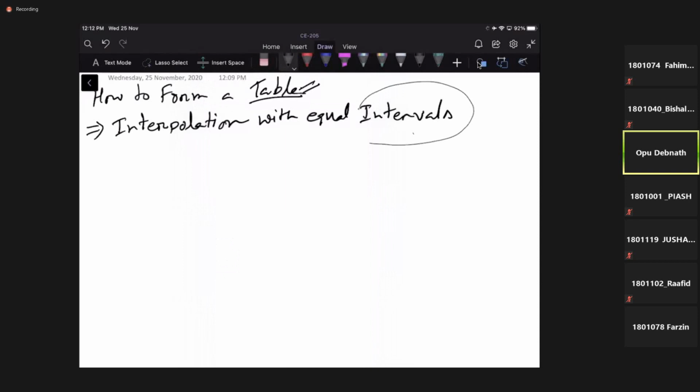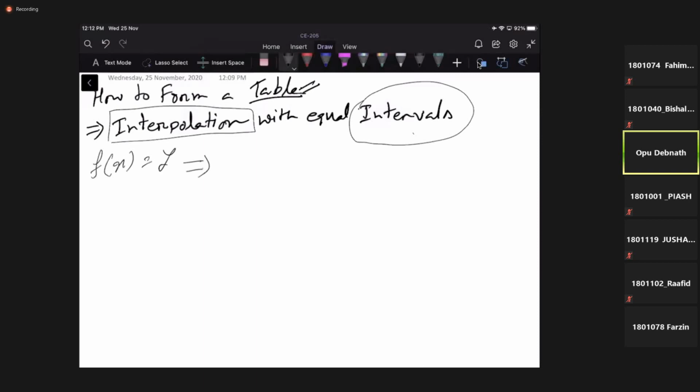Why should we use interpolation? The basic principle of interpolation is to find any value within the argument range. Suppose you have f of x is equal to y. This is a function.